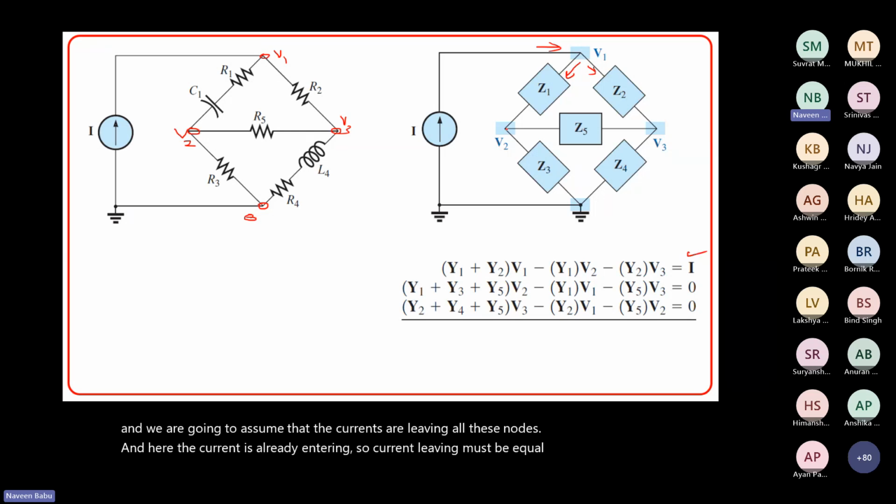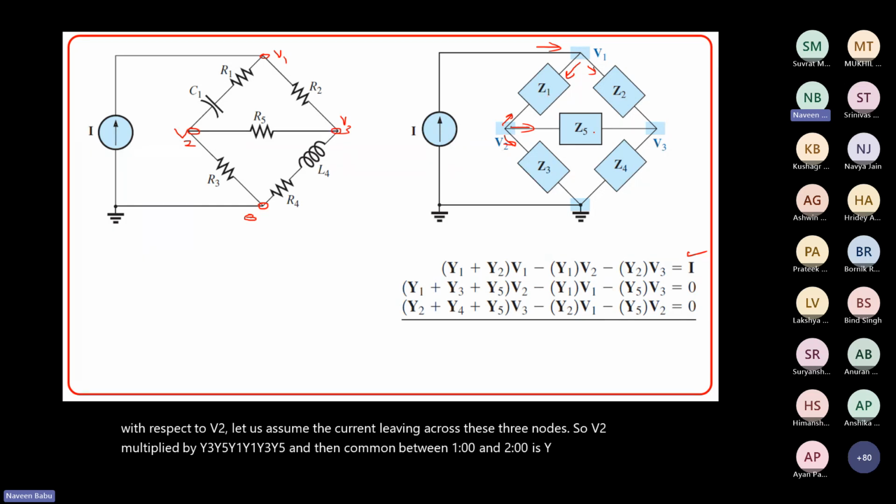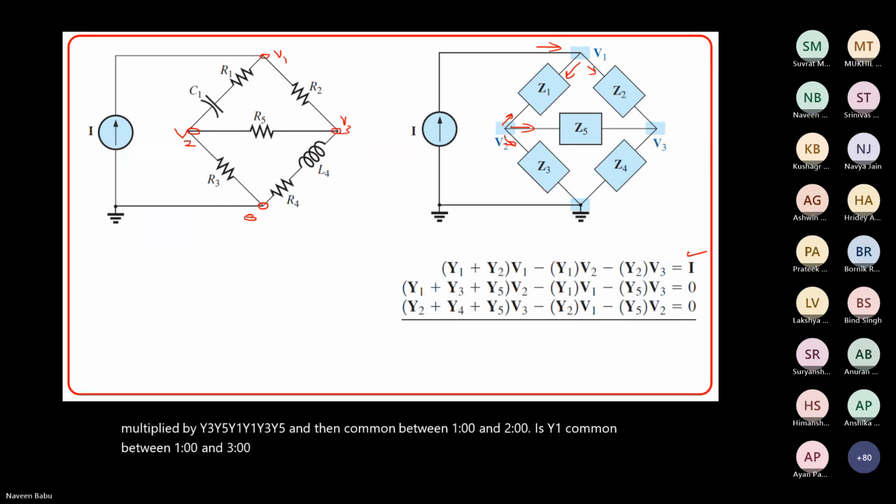Here again, with respect to V2, let us assume the currents are leaving across these three nodes. So V2 multiplied by Y1 plus Y3 plus Y5, and then common between 1 and 2 is Y1, common between 2 and 3 is Y5. And now let us write for V3.